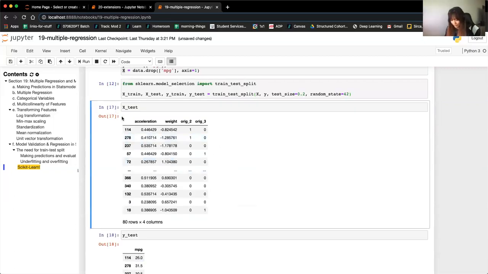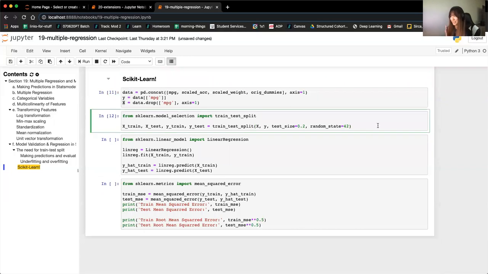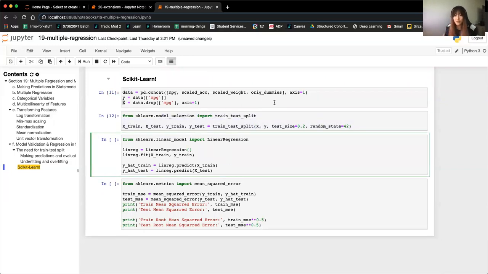All right, so that is the line for doing a train test split. Once you do your train test split, we're going to fit our model. In a similar way, you first have to instantiate a linear regression model. Here we're giving the variable linreg an empty linear regression model first. That's what this first line is doing.